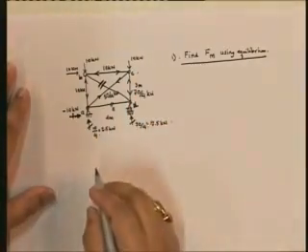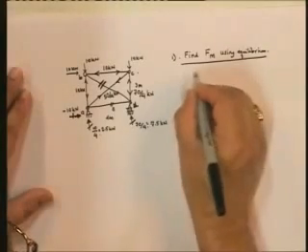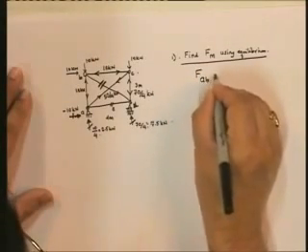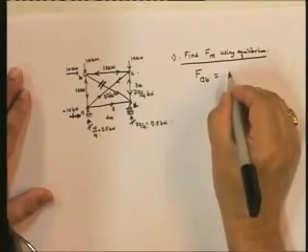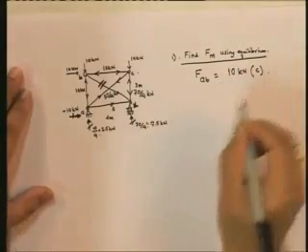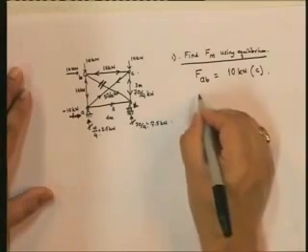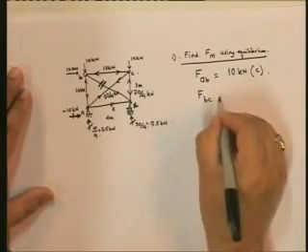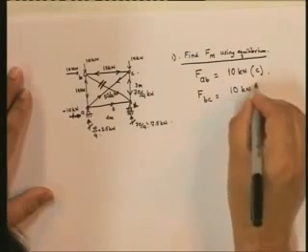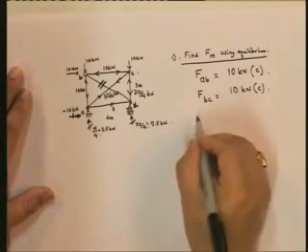So therefore, what did we have? Let me write down the forces. FAB is equal to 10 kilonewtons. This is compressive. FBC is equal to 10 kilonewtons compressive.